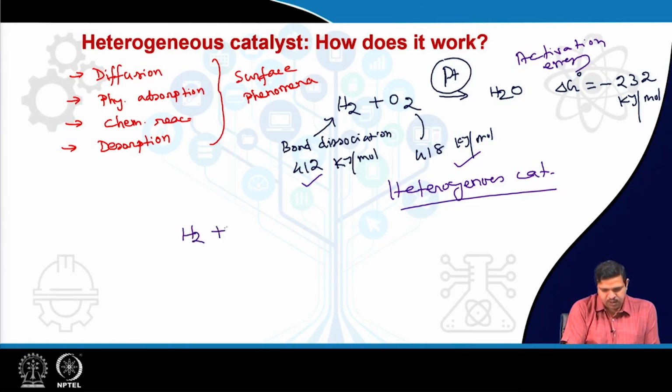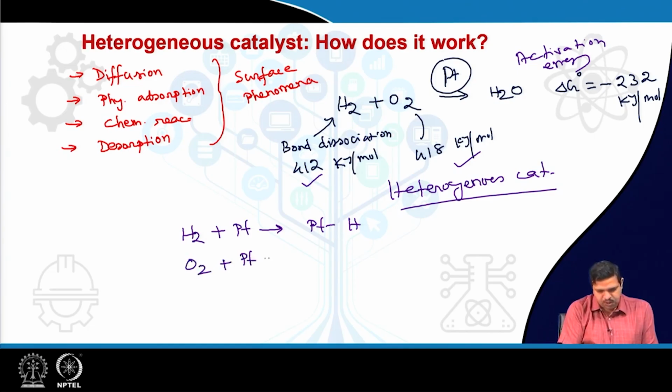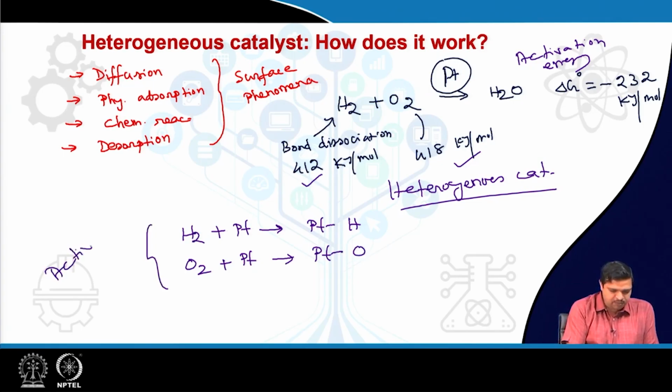It first activates the small molecules like hydrogen or oxygen, to make platinum hydride, and O2 with Pt gives PtO. So, these are basically the activation steps.